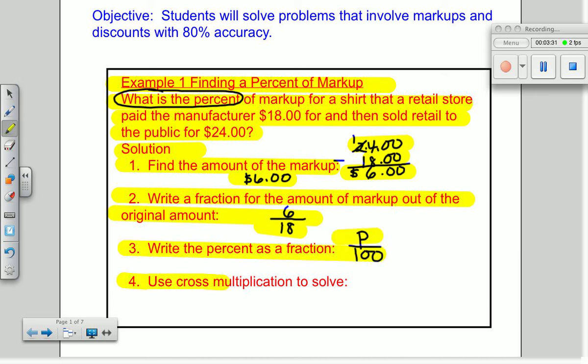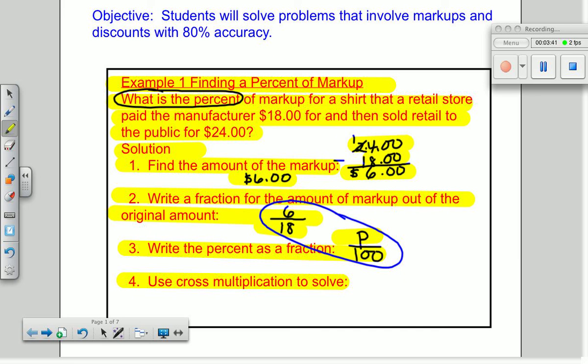Then we are going to use cross multiplication to solve with these two fractions. So we're going to say 6 out of 18 is equal to P over 100.